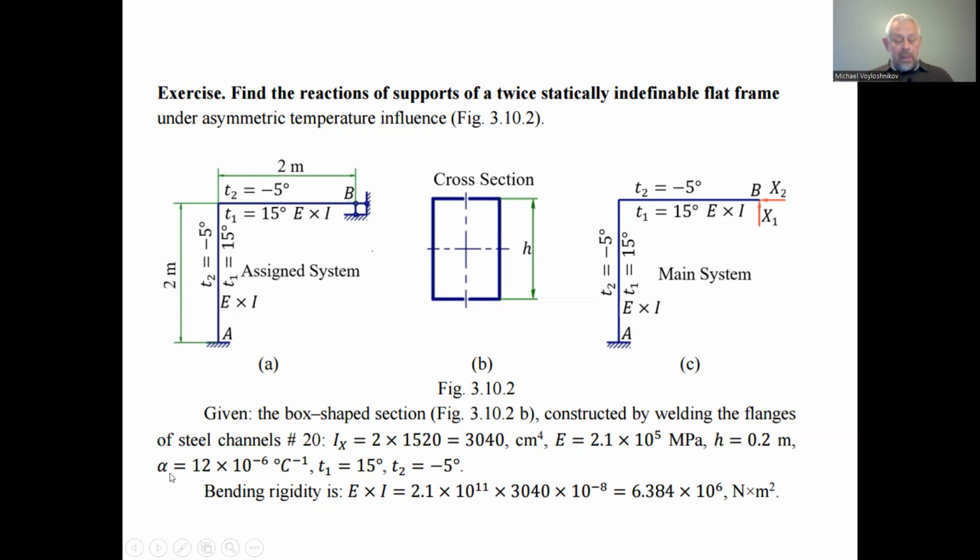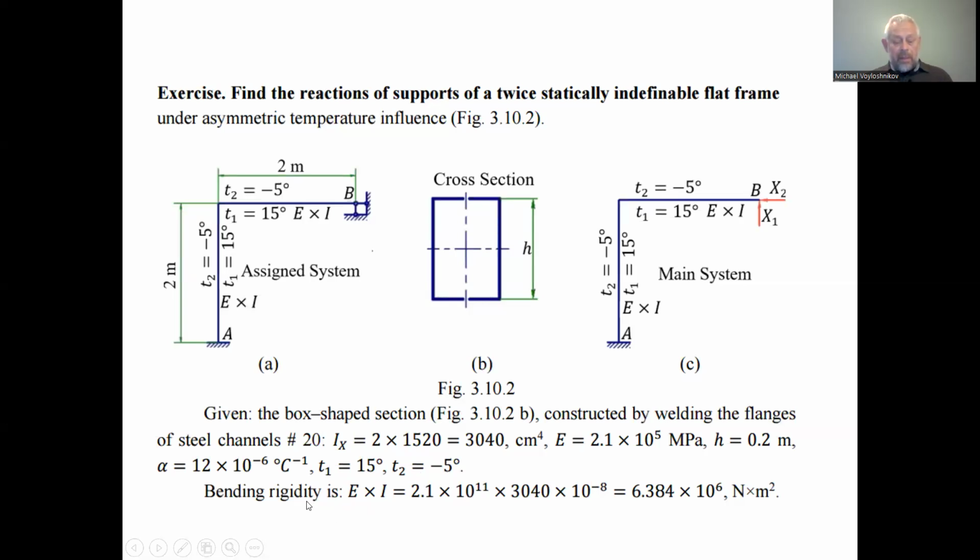For carbon steel, we have the coefficient of linear temperature expansion as 12 multiplied by 10 to the power of minus 6 per 1 degree Celsius. And the temperatures assigned are inside the mechanical system 15 degrees and outside minus 5 degrees.